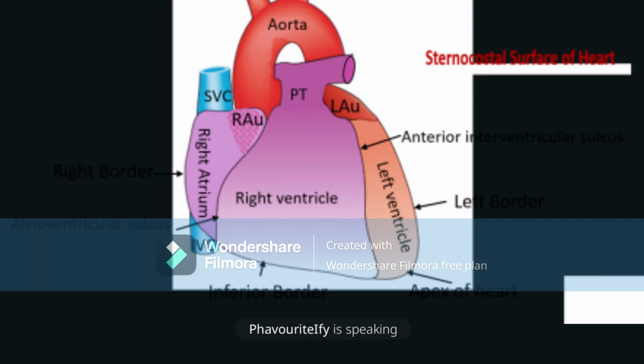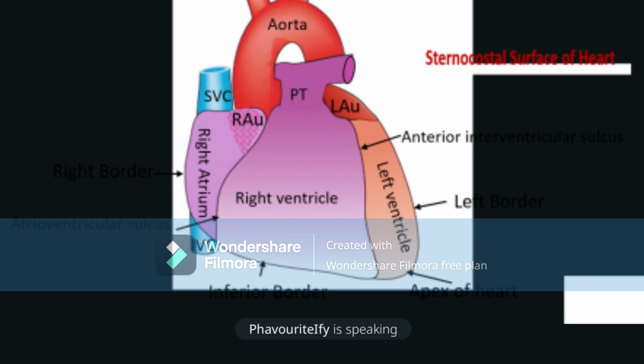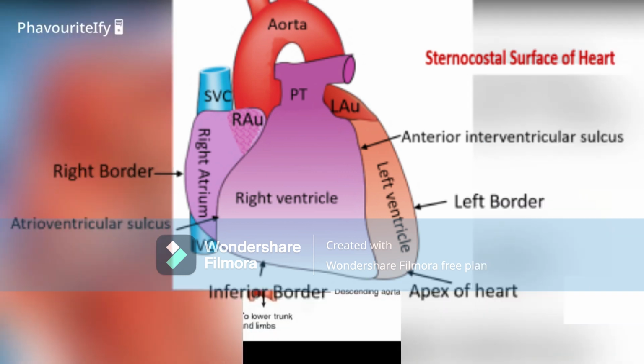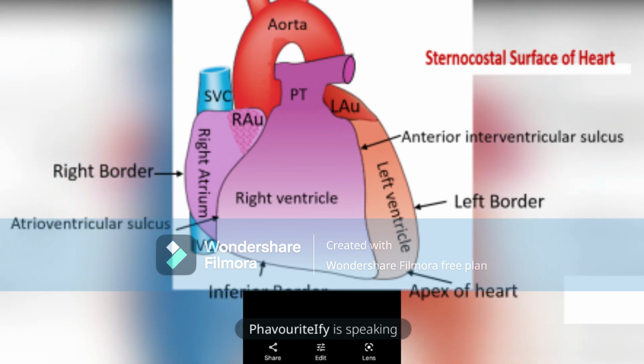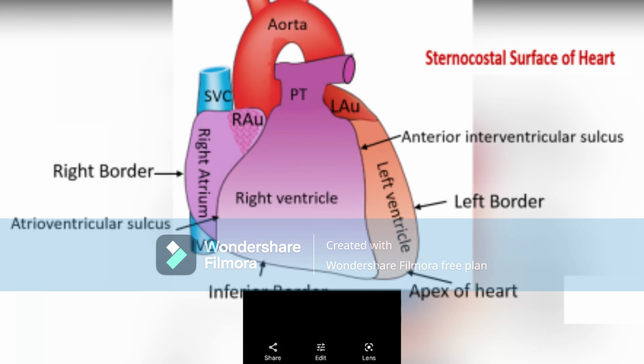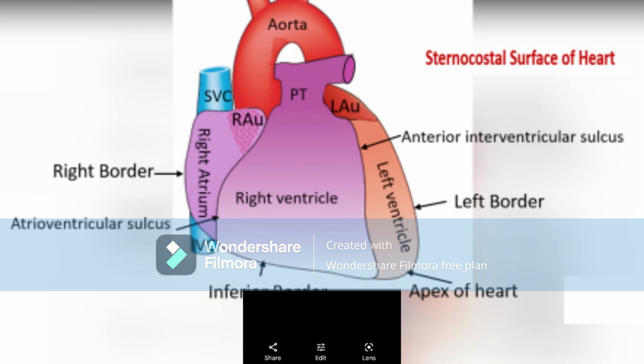While the left border is oblique or nearly vertical, formed mainly by the left ventricle and slightly by the left auricle. While the superior border, the last, is formed by the right and the left atrium. This is the right atrium and this is the left atrium. So the superior border is formed by these 2 atria.